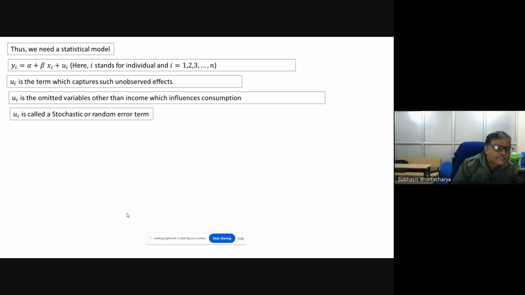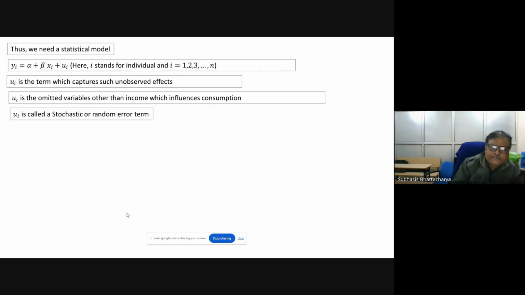Why is it stochastic? Because in considering UI, there are several other independent variables influencing consumption. They have some randomness, some specific probabilities to come into these relations. For example, consider two persons, one very rich, another very poor.